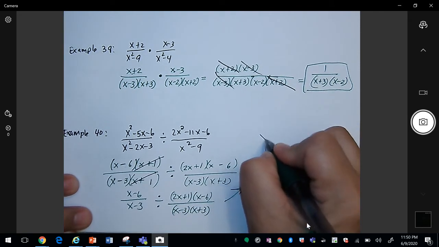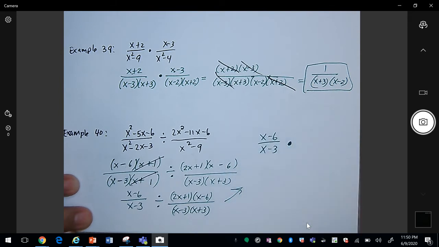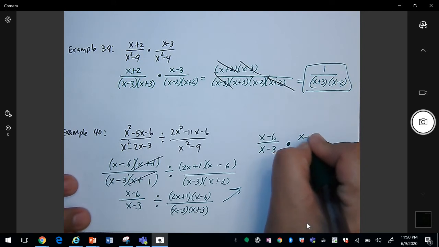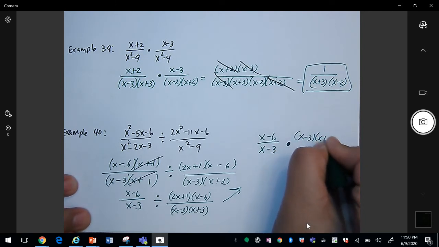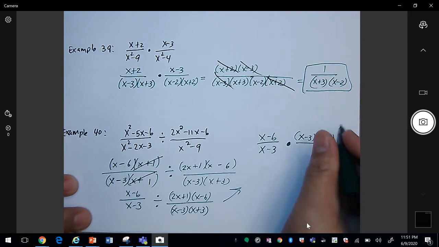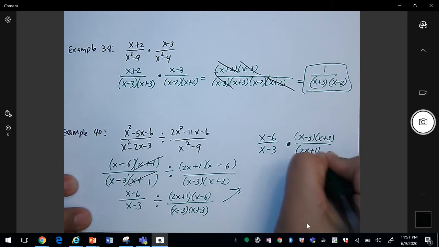I can rewrite this as x minus 6 divided by x minus 3, change the division sign to multiplication, and I can do that if I take the reciprocal. So I get x minus 3 times x plus 3 divided by 2x plus 1 times x minus 6.